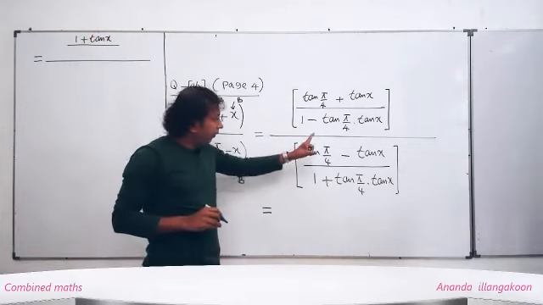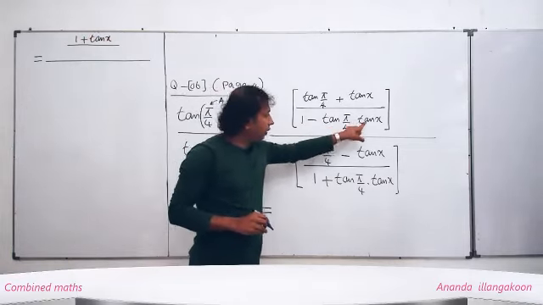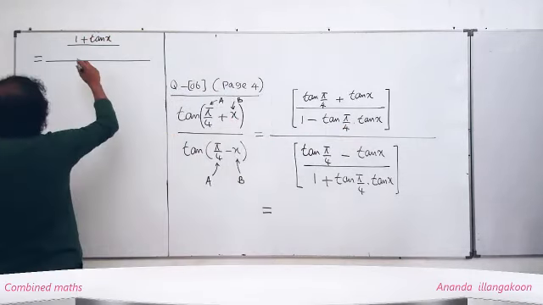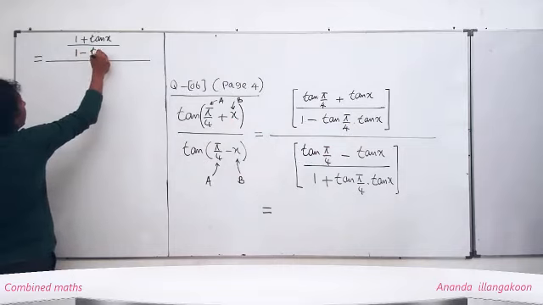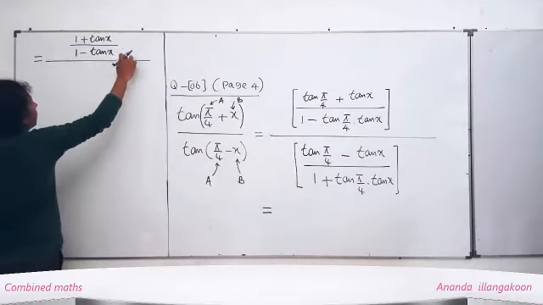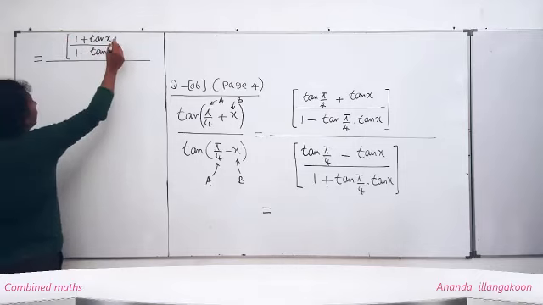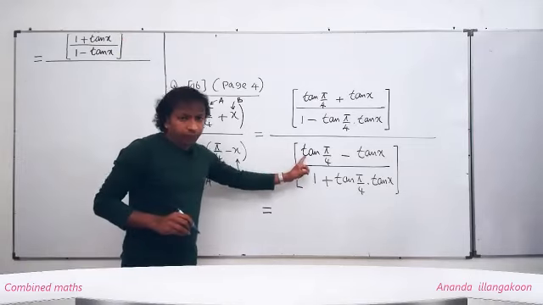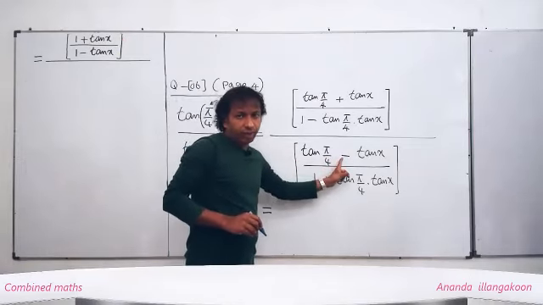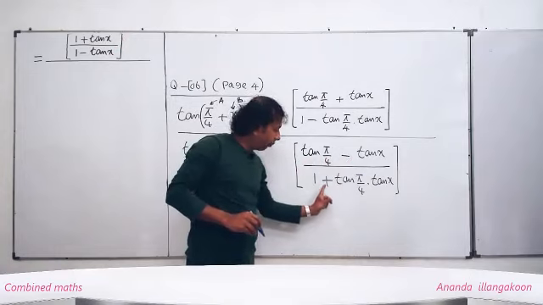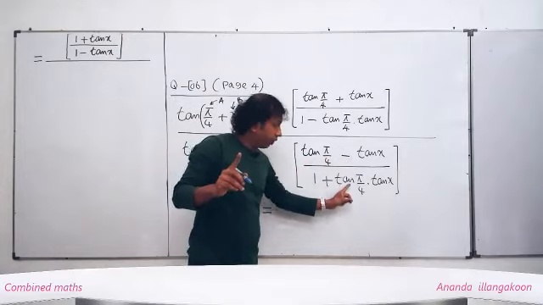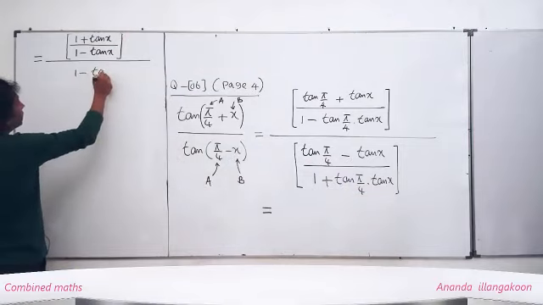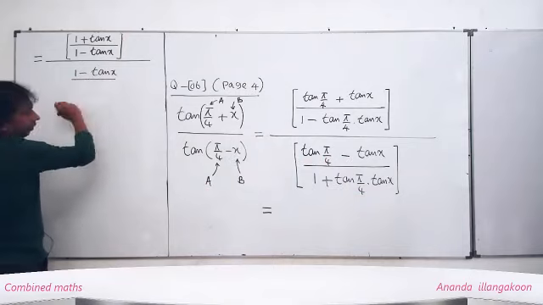Here, people, tan pi by 4 is 1, 1 into tan x, that's tan x, then 1 minus tan x. This line is completely above this line, then I put the bracket like this. Here also, tan pi by 4 is tan 45. 1 minus tan x divided by 1 plus tan pi by 4, which is 1, into tan x: 1 minus tan x divided by 1 plus tan x.